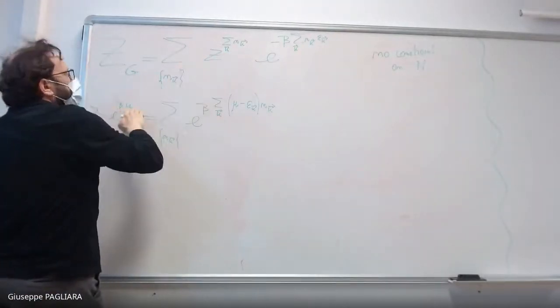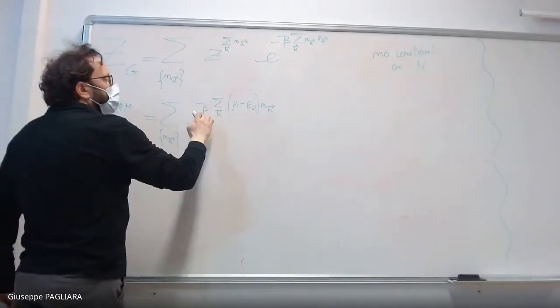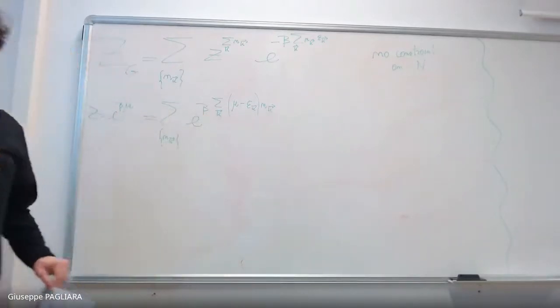Here you have a beta mu nk and beta epsilon k nk. Okay, this should be correct.